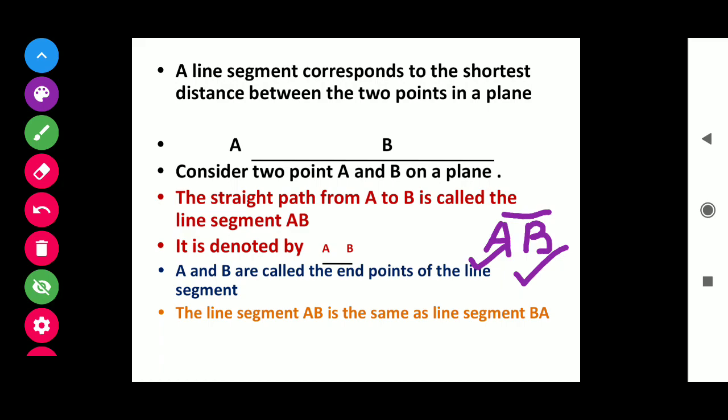The line segment AB is the same as line segment BA. You can read line segment AB, and you can read line segment BA. Both are the same. And the most important thing is, for a line segment, you can measure the length. By using a scale, you can measure the length of a line segment.